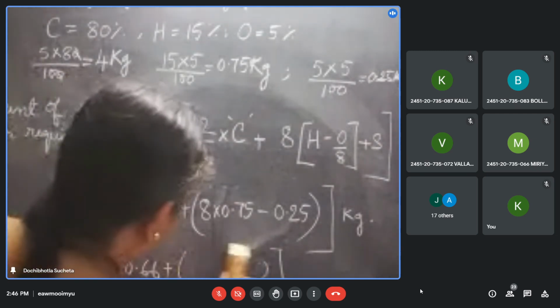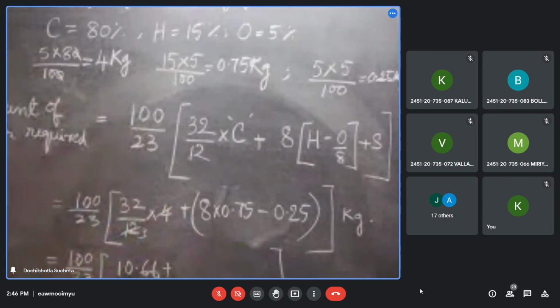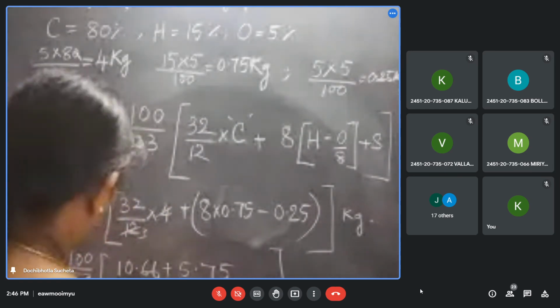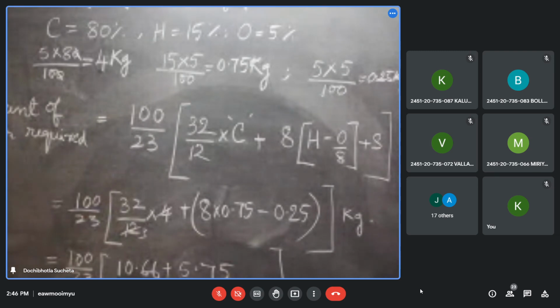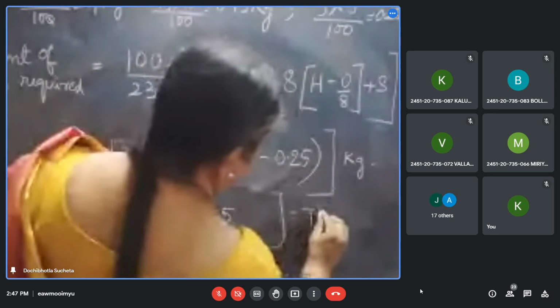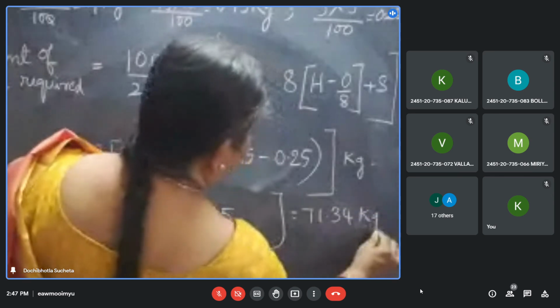10.66 plus 5.75 is equal to, 100 divided by 23, is equal to 71.34 kgs.